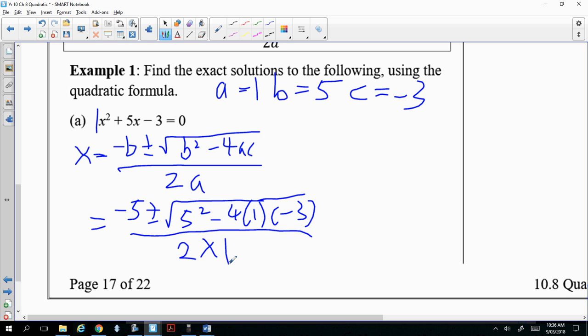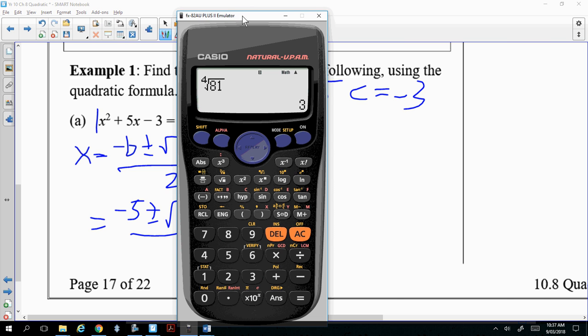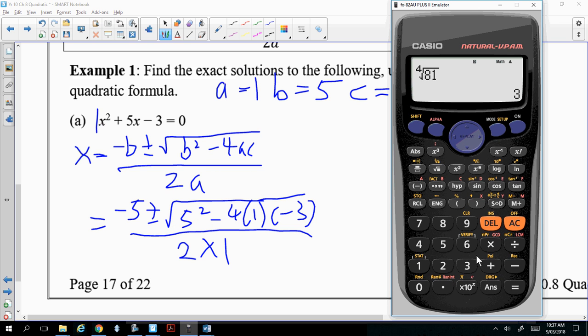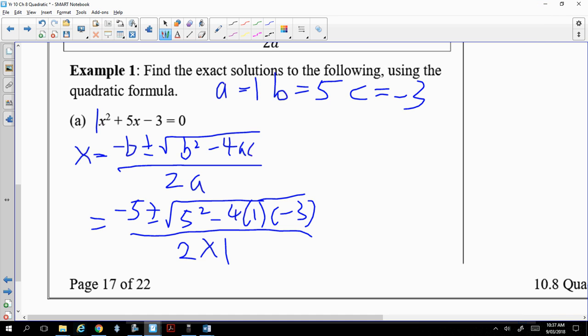And then what you need to do is to use your calculator. Don't type the whole thing in, just type in what's inside the square root. Write 5 squared minus 4 times 1 times -3. Just the stuff inside the square root, because it may not be square rootable. So which is 37. So you write equal to -5 plus or minus root 37 over 2.